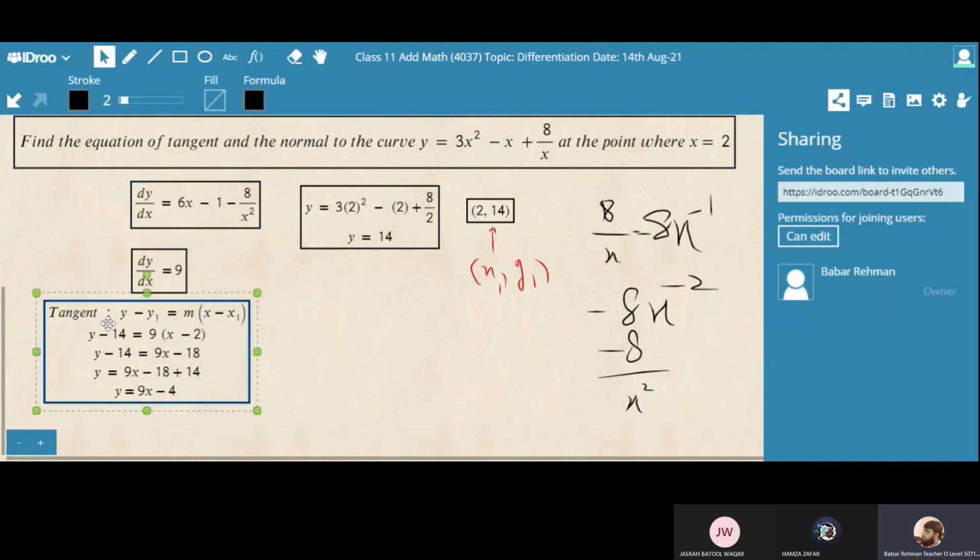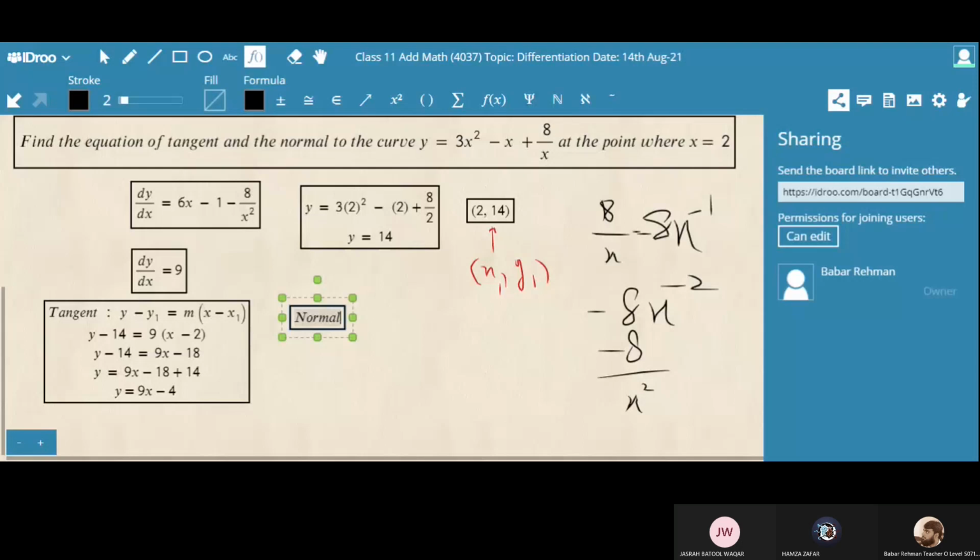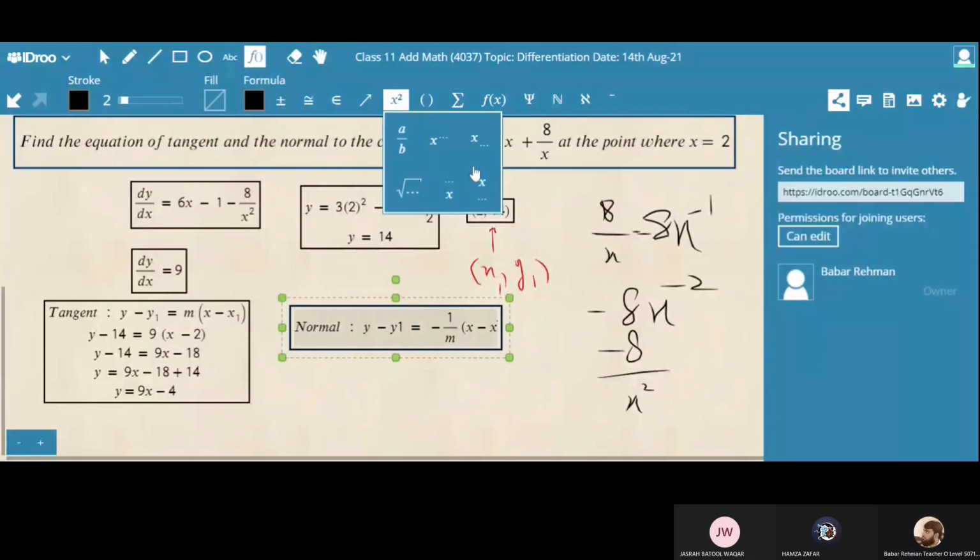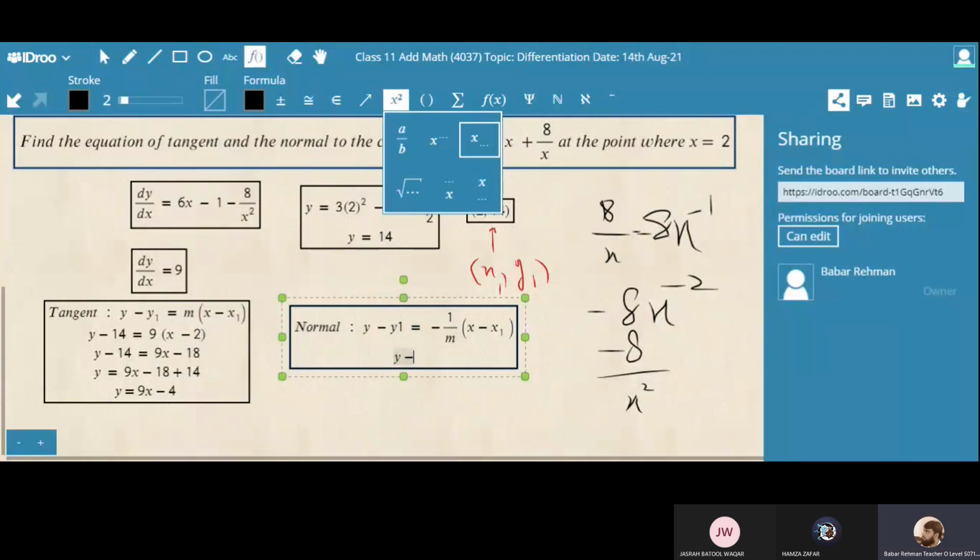Now what is the equation of normal? I hope you can do it now. Normal equation: y minus y1 is equal to negative 1 upon m times x minus x1. Now y minus the same y1, 14.